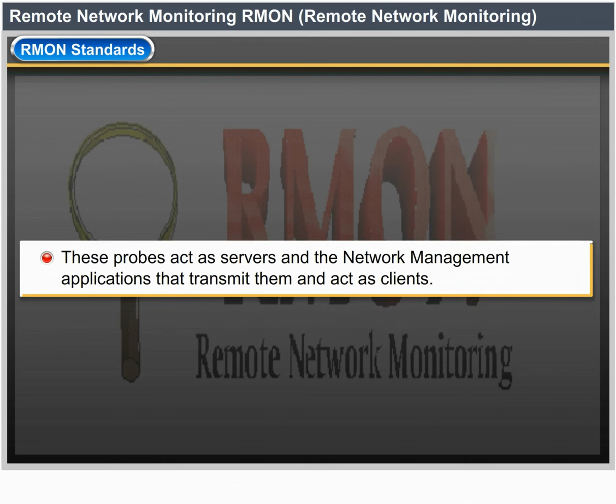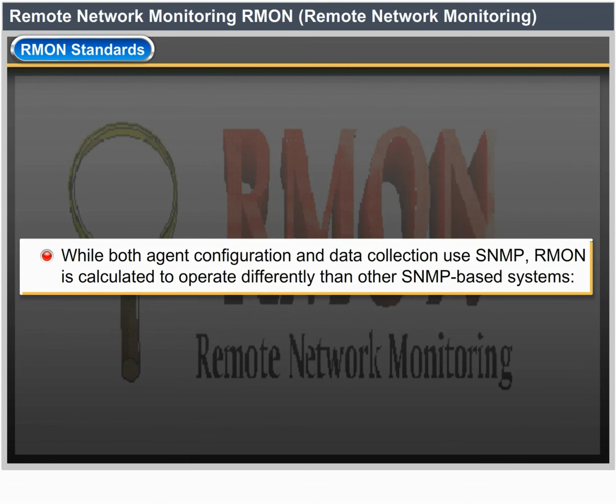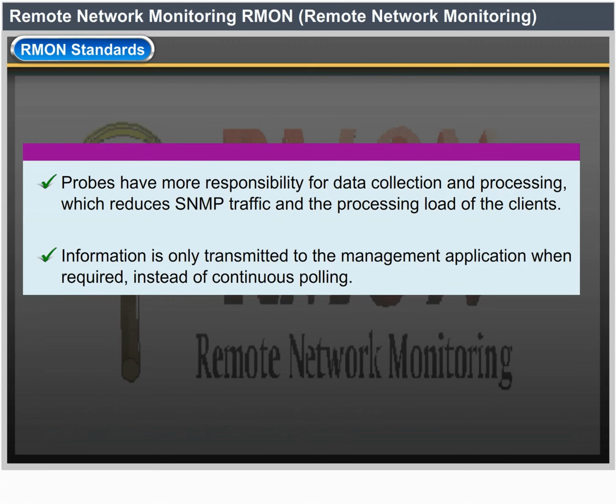While both agent configuration and data collection use SNMP, RMON is designed to operate differently than other SNMP-based systems. Probes have more responsibility for data collection and processing, which reduces SNMP traffic and the processing load of the clients. Information is only transmitted to the management application when required, instead of continuous polling.